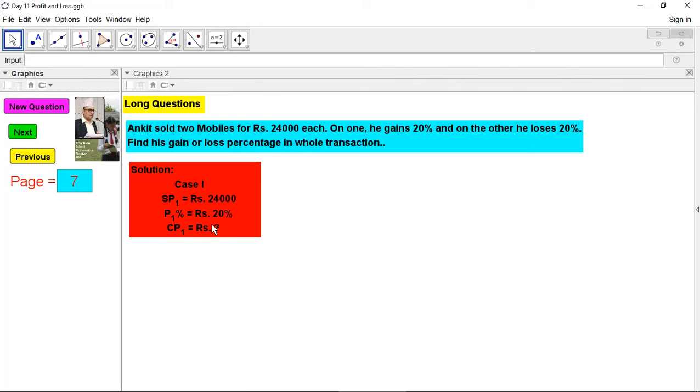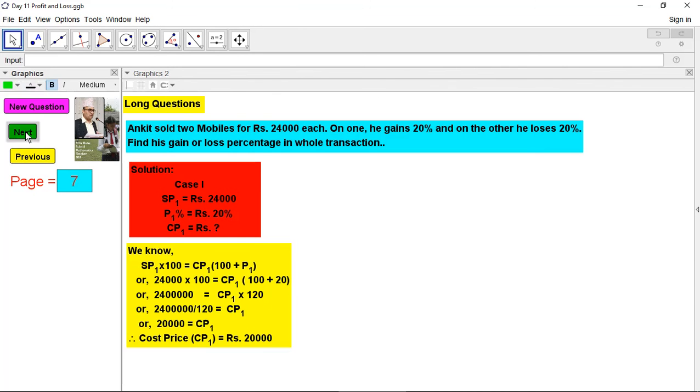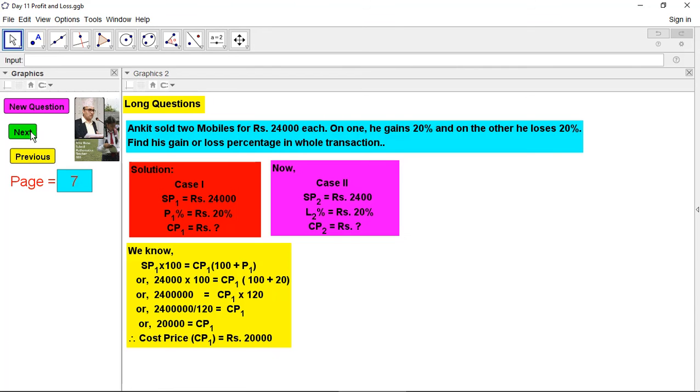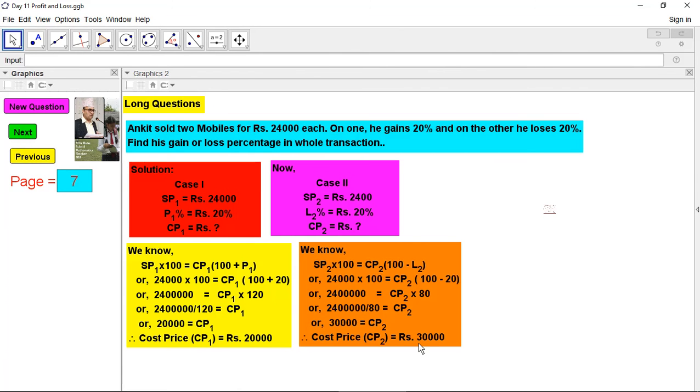SP1 into 100 by 100 plus P%, or by another technique, cost price of the first is 20,000. Similarly, in the second case, same SP, loss percent is 20, CP2 is what? CP2 is 30,000.